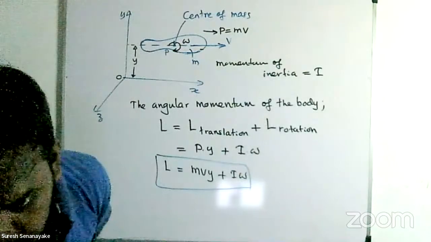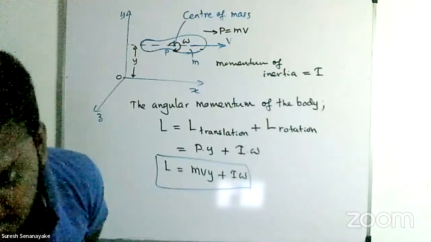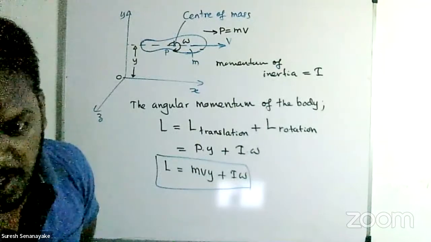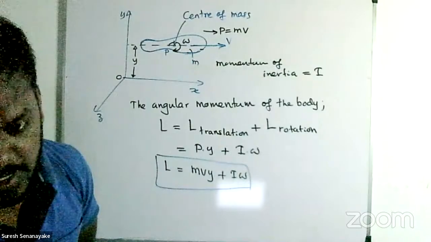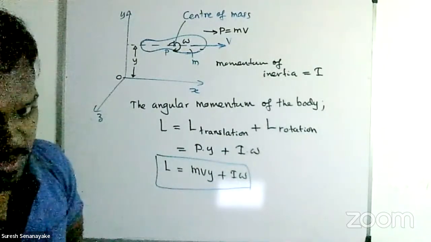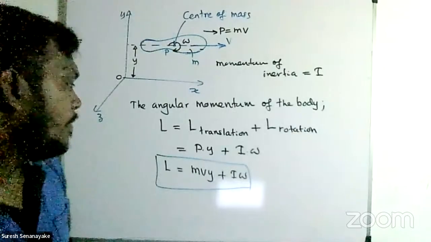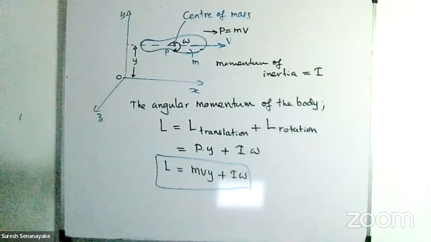Okay, which statement do you need me to repeat? I didn't see the chat. Okay, I'll tell you. Right there, consider the body of mass m rotating with angular velocity omega about the point P as shown in the figure, where P is the center of mass of the body, right?